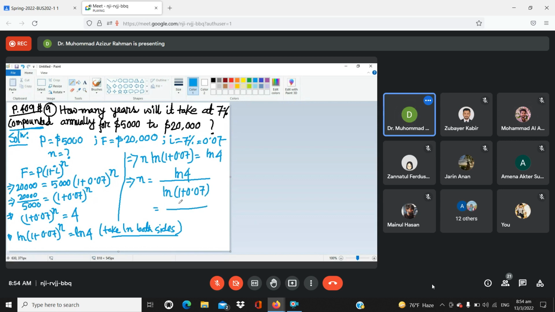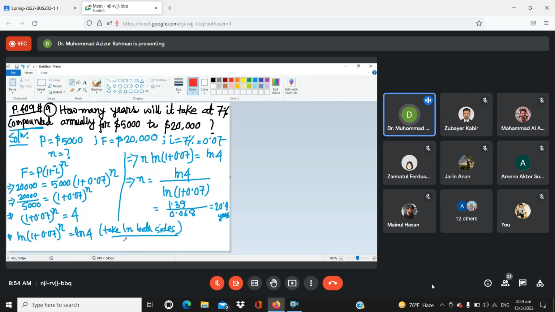What is the value of ln 4? ln 4 is 1.39. Then ln(1 + 0.07) is 0.068. Divide, and how many years do we get? 20.4 years.